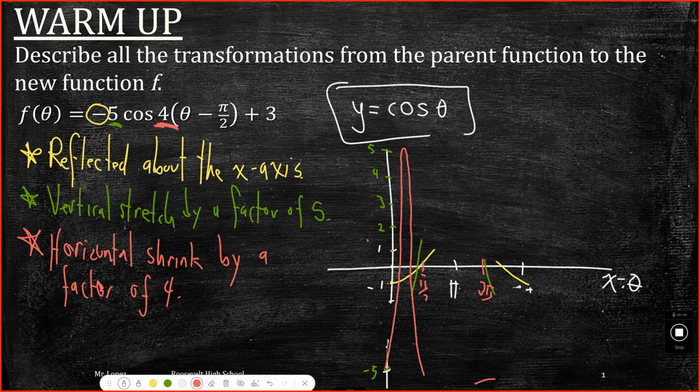And then, what is that going to do over here? What is this going to do to the graph? Horizontal shift to the left or right? I'm tired of saying this.